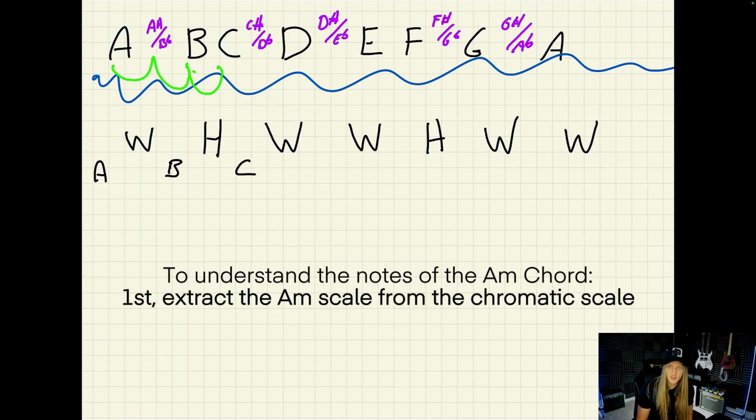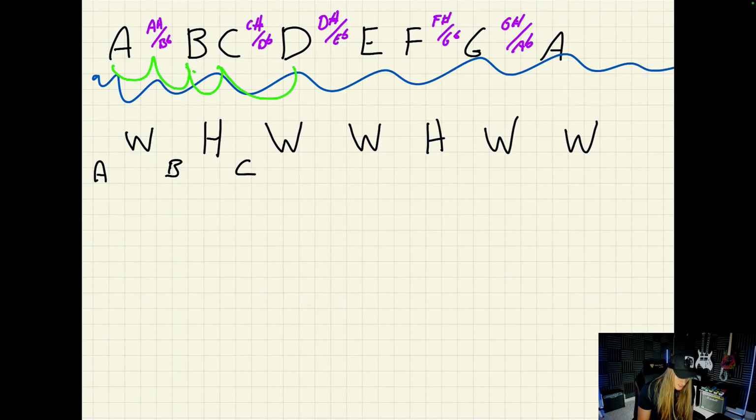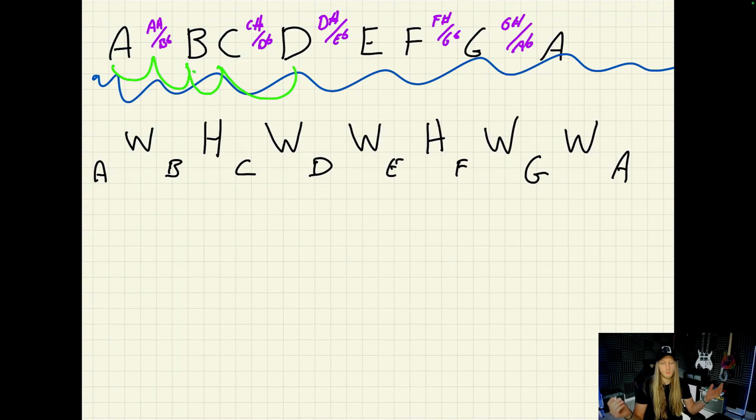So C, I don't think I need, well, I guess I can keep walking you through this. Boom, D, whole step, E, half step after E, takes us to the F, whole step after F, takes us to the G, and a whole step after G takes us back to the A. All right, we just made the A minor scale. Okay, A natural minor. Okay, cool.